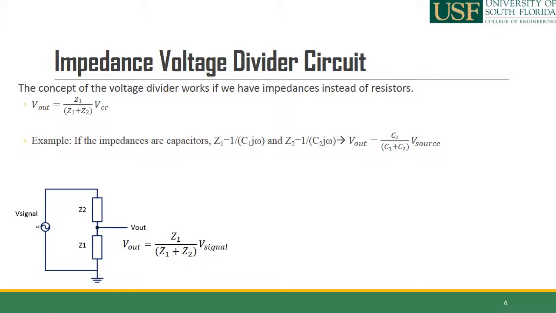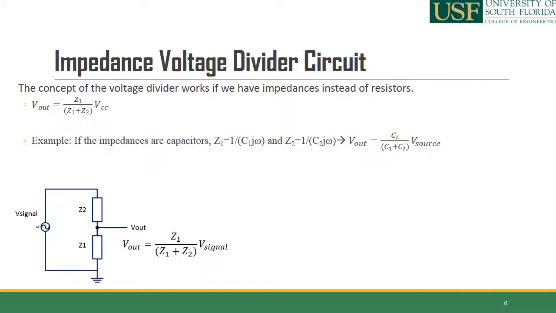A very obvious example is if we have two capacitors instead of two resistors in series, and we want to find Vout. It is as simple as assuming that the impedance of a capacitor is Z1 equals 1 over C1 j omega, and Z2 is 1 over C2 j omega, and putting it in the equation Vout equals Z1 over Z1 plus Z2 times Vsignal, or Vsource.